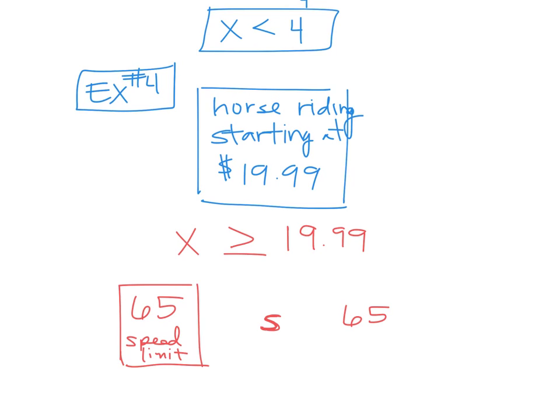What's your inequality? Right, if it's a speed limit, that's the most we can go, right, is 65. So you want to be less than, or you could be equal to, right? You're allowed to go 65. So your speed has to be less than or equal to 65. Does that make sense? Okay.